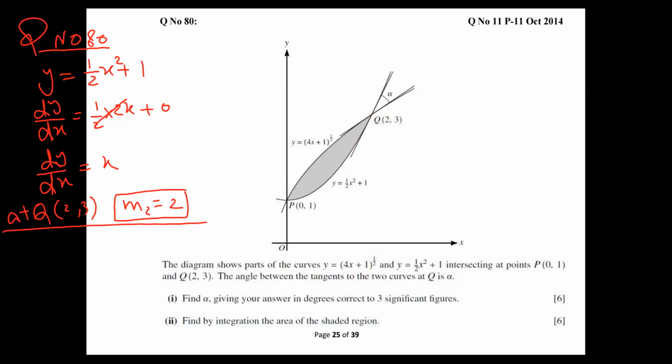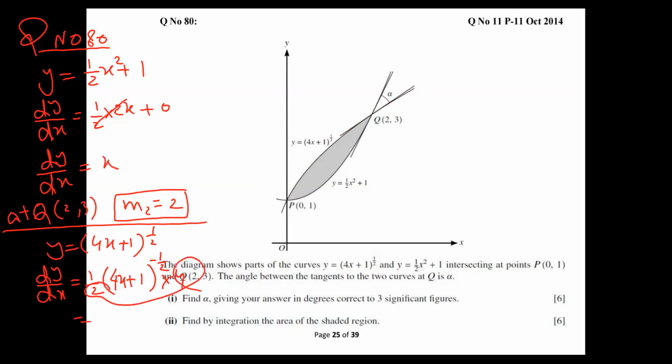Bismillah ar-Rahman ar-Rahim. y is equal to (4x plus 1) to the power half, and differentiate. dy over dx: the power half comes down, the power becomes 1 less, so minus half, the base as it is, times the base derivative, which is 4. So the 2 and 4 cancel, and the negative half goes in the denominator. I get this.